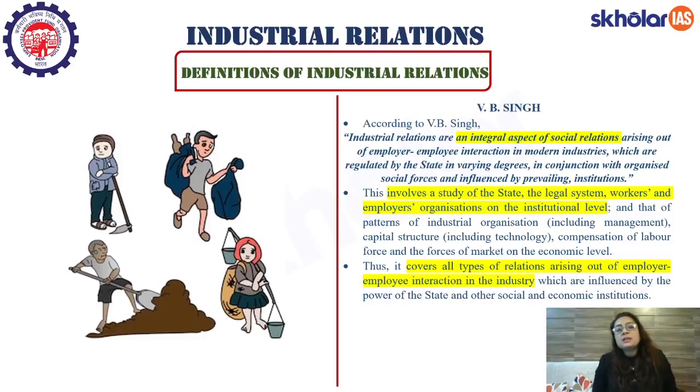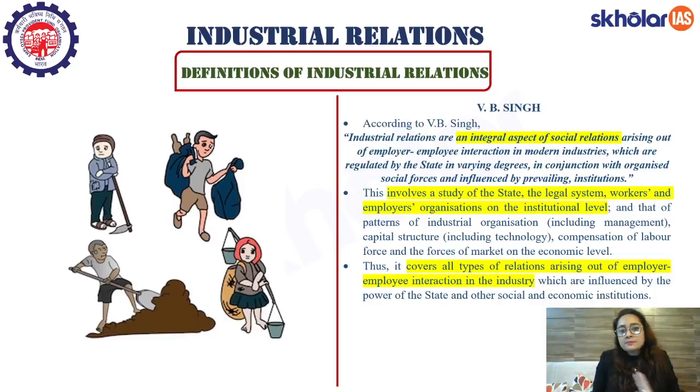So basically, according to VB Singh, industrial relation is an integral aspect of social relations, and it arises out of, first, employer-employee interaction in modern industries. Second, by the state when they form laws for these interactions and communications that happen in a particular industry.